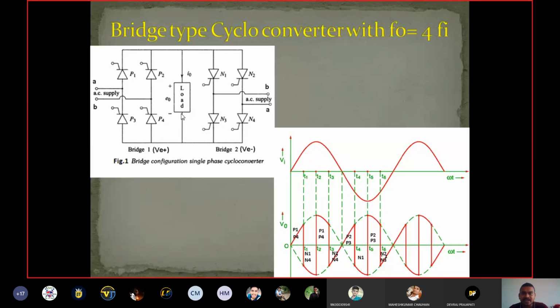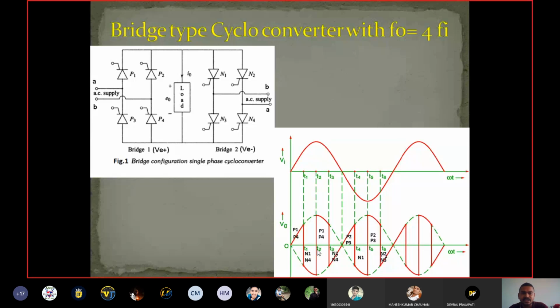Now in this condition, the current is flowing from D to C, from lower to upper. That is the negative direction of current, so we are getting the negative output. So in the time duration T1 to T2, the output is negative, and the thyristors that remain on are N1 and N4.